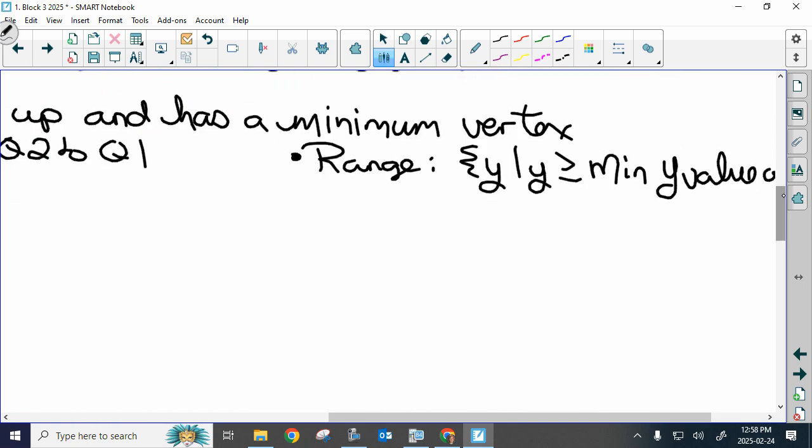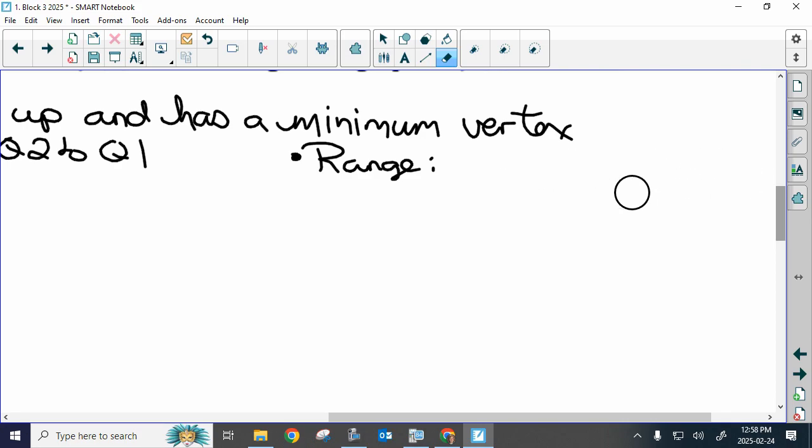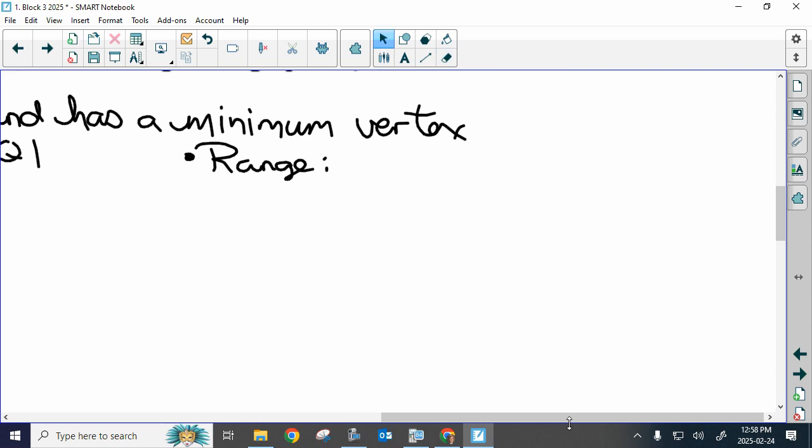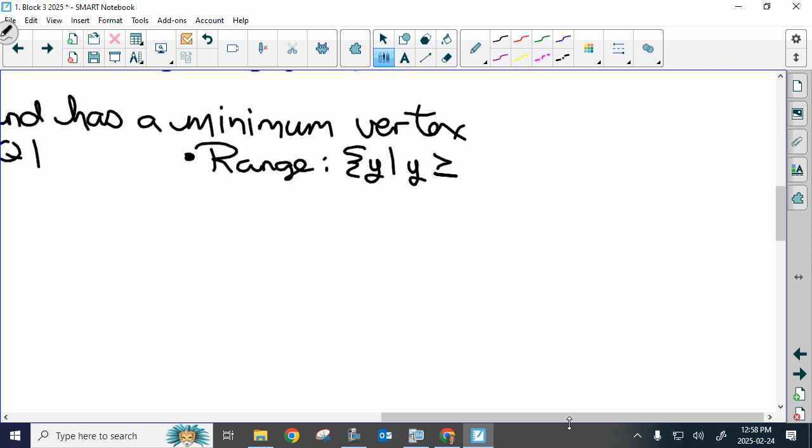Okay, so what's going to happen? If your parabola is opening up, your vertex is going to move all over the place. So I'm not going to say greater than or equal to 0 because we've only started to explore the first little detail here. Your range is going to be y such that y is greater than or equal to the minimum y value of vertex, and then comma, y is an element of the real number system.